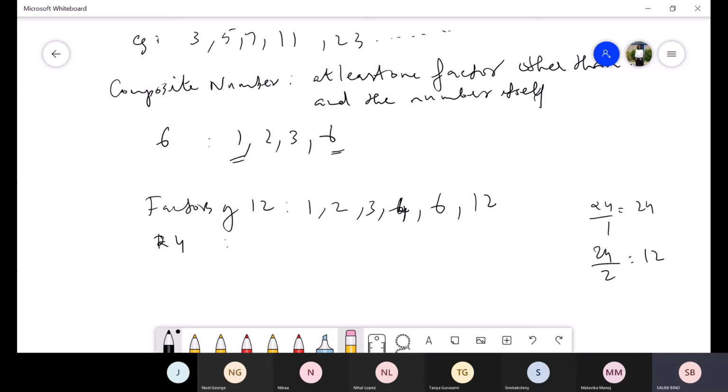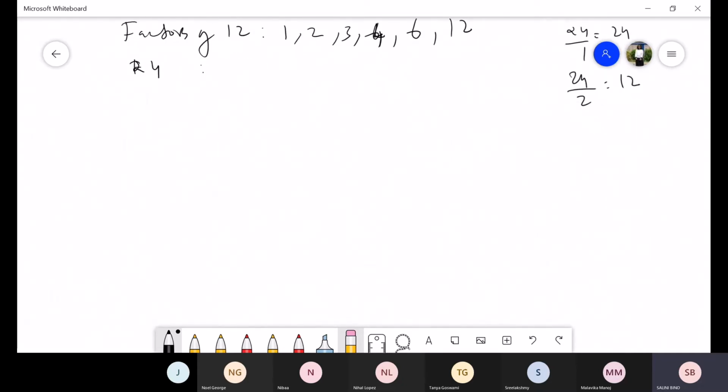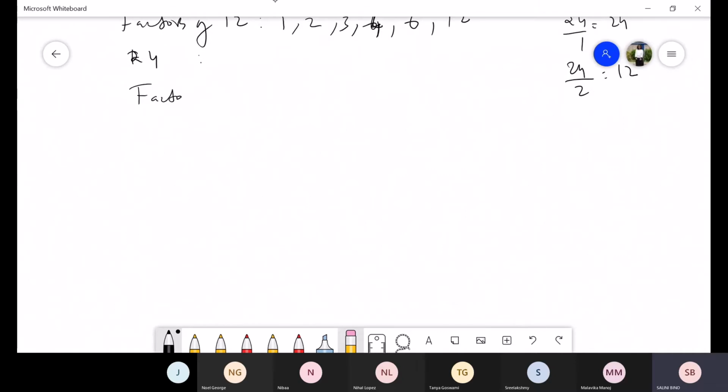Okay, now another thing we are going to study this year is factor tree. That is why I mentioned the word factor. What is a factor tree? A factor tree is a chain of factors represented in the form of a tree, and that is why we call it a factor tree. For example, 24 is there in the box, and if I divide 24 by 2, I will get 12.